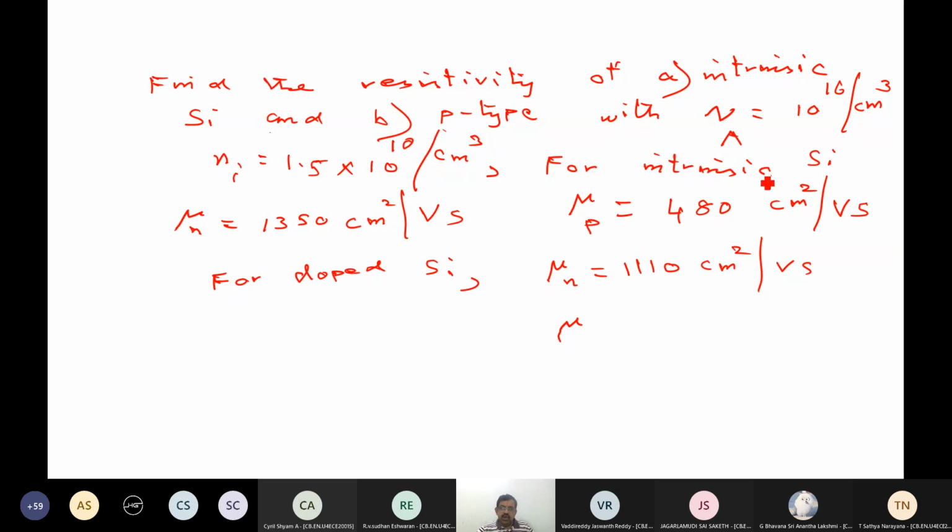It is doped with, it's a p type, so you need acceptor impurity. Mu p is actually 400 centimeter square per volt second. Because you are putting this acceptor impurity in the silicon, the charge carriers will see a different internal field in the semiconductor crystal.